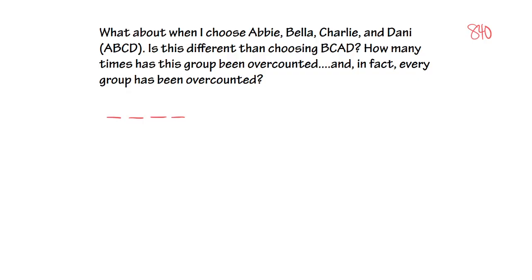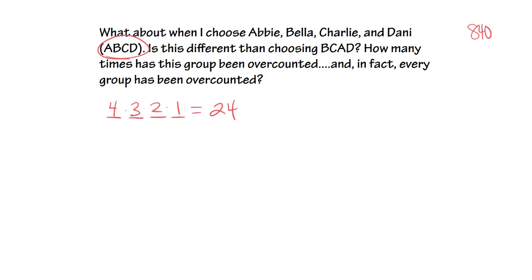Now, again, assuming these are the 4 kids that are chosen, how many ways can I rearrange those 4? Well, I'd have 4 people that I might have chosen first, and then it would go 3, 2, 1. So there are, what is that, 24 different ways of creating this particular group, which means every single group I chose got overcounted 24 times.